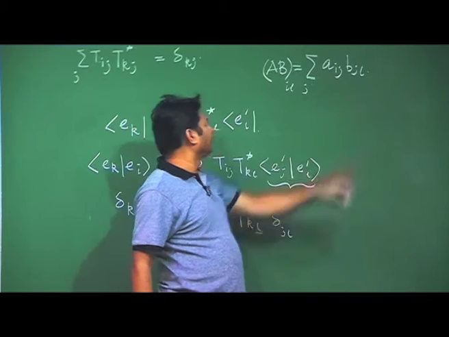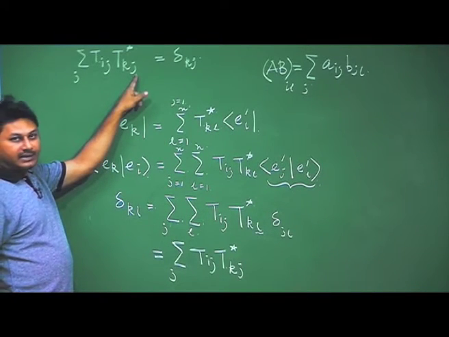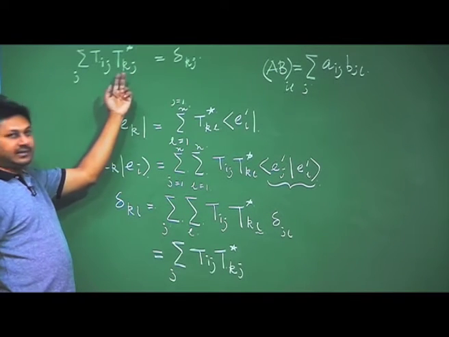This is the rule, but here I find j and j sitting here and here, not side by side. So I need to rotate these things.